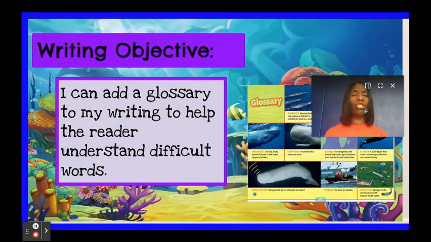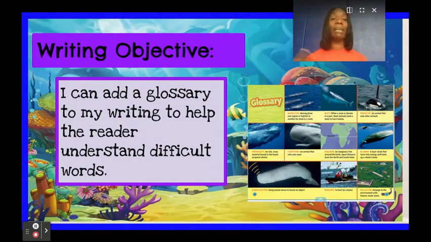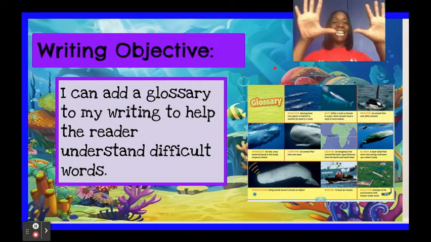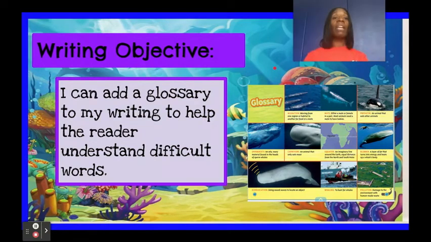So now, scholars, we just learned the importance of a glossary. So let's read our writing objective together. I can add a glossary to my writing to help the reader understand difficult words. And here is our anchor chart. And here the writer gave us 10 words that could be difficult and that is important for us to know to be able to comprehend the text.